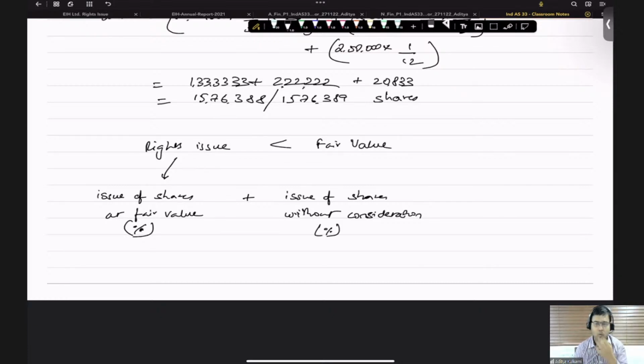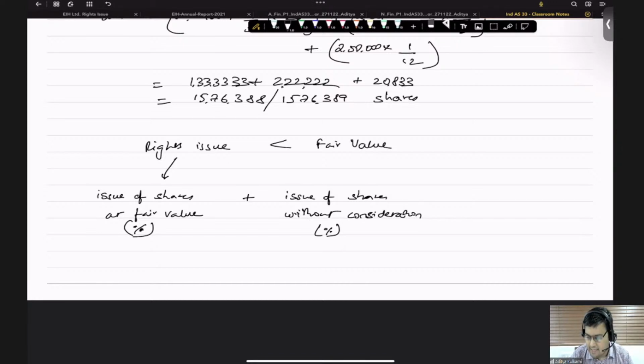That means whatever shares are added are essentially going to be segregated into two categories. The first one is issue of shares at fair value. This is going to be a normal fair value treatment, which will be weighted for time. And the shares which are issued without consideration will be regarded as bonus and a retrospective adjustment would be done. Have you understood rights shares?